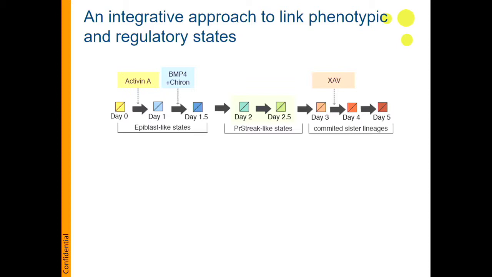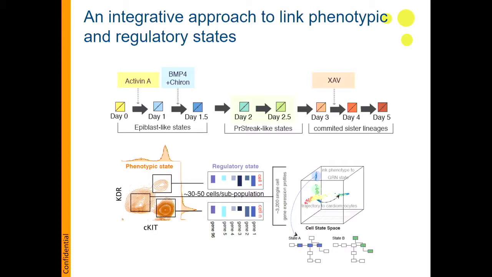The first days of differentiation are very important and play a major role in the efficiency of differentiation. So we profiled single cells for the first 5 days using various phenotypic markers. Cardiomyocyte differentiation is a very well worked out system, so we know which cell surface markers are expressed on cells at different stages of differentiation.